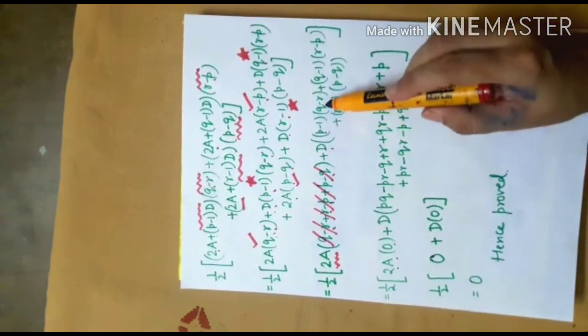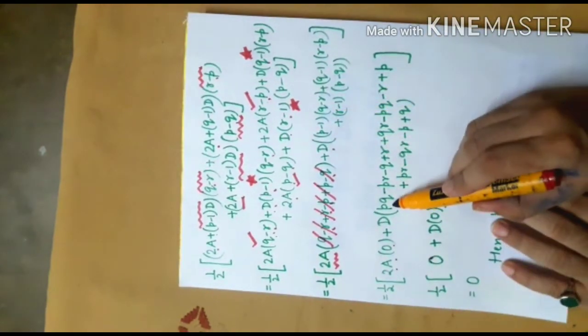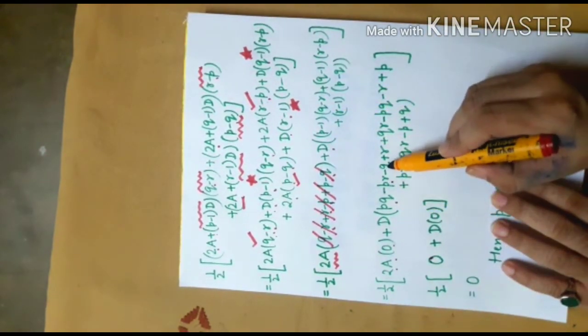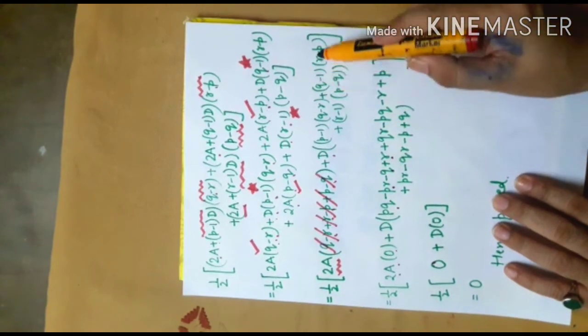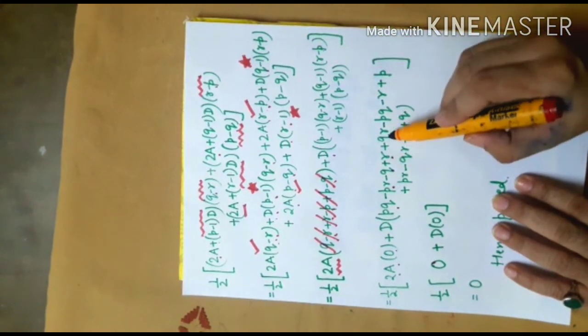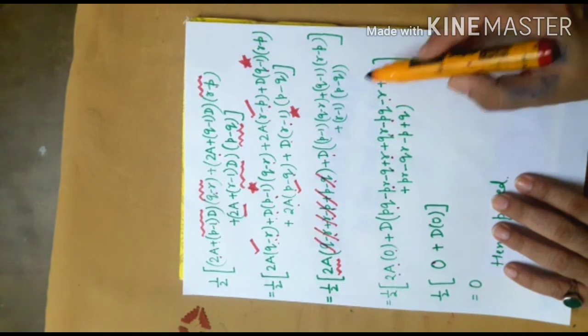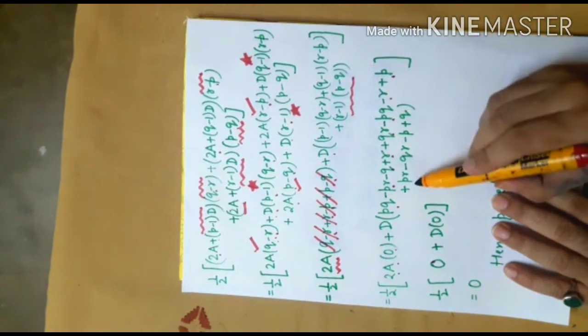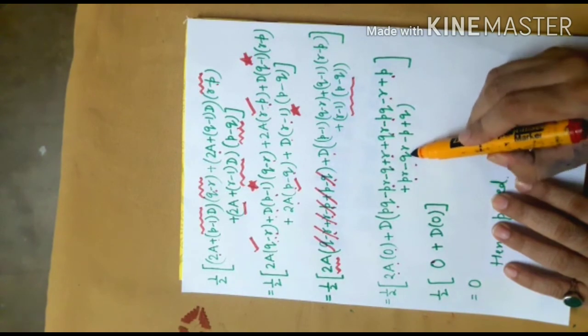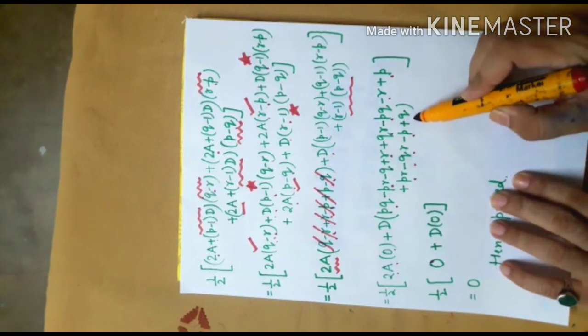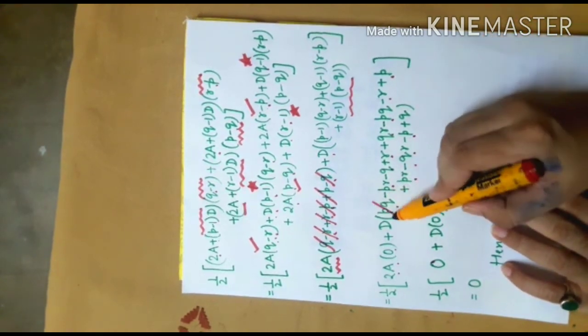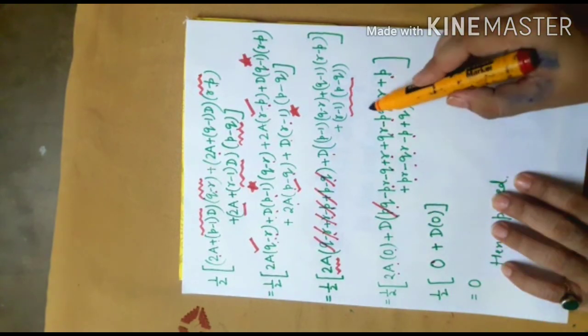And here I open the brackets, so I'll get PQ minus PR minus Q plus R. Then I open this bracket, plus QR minus PQ minus R plus P, and similarly open this, plus PR minus QR minus P plus Q. Now this is plus PQ and this is minus PQ.